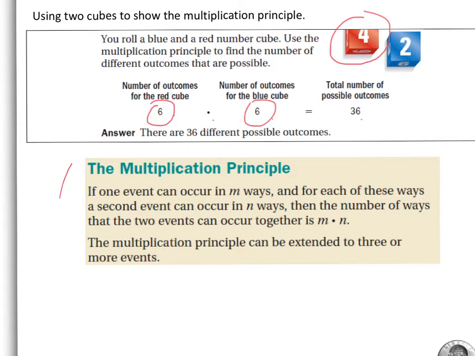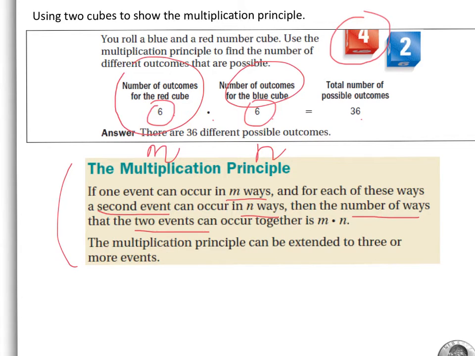So we can summarize the multiplication principle in this box here. If one event, let this red cube be the first event, can occur in m ways, and for each of these ways, a second event, so let the blue cube be the second event, can occur in n ways, then the number of ways that the 2 events can occur together is m times n, which equals mn.